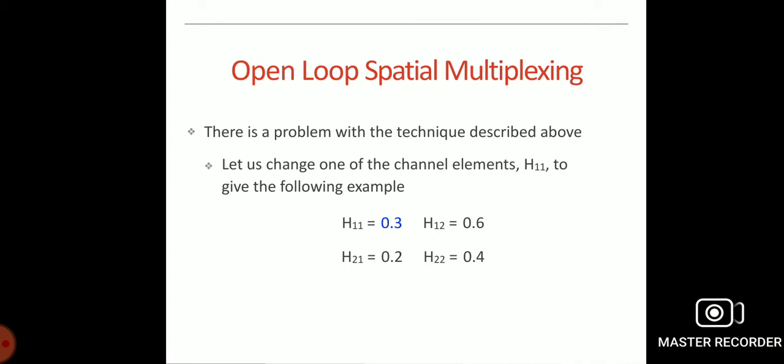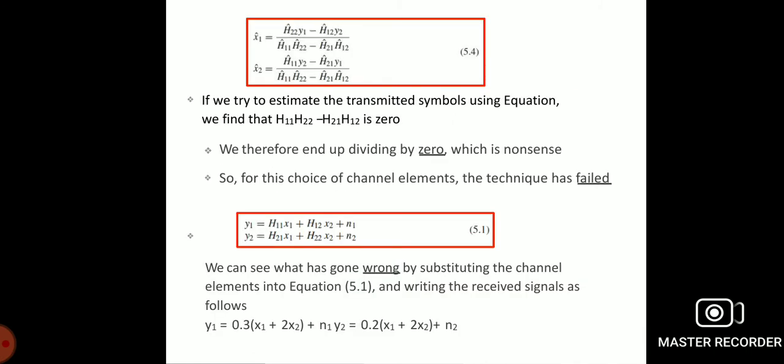Now in this open loop spatial multiplexing method, we can find the output of the channel estimation or symbol estimation, that is x1 bar, x2 bar. So x1 bar is equal to h22 y1 minus h12 y2 divided by h11 h22 minus h21 h12.